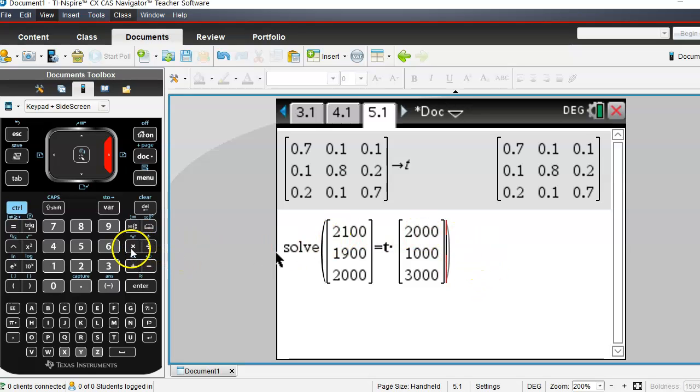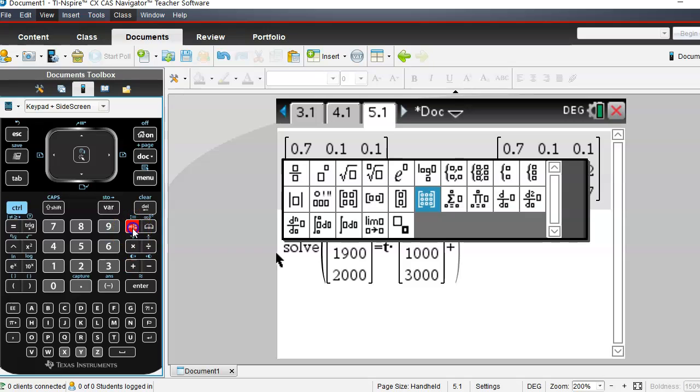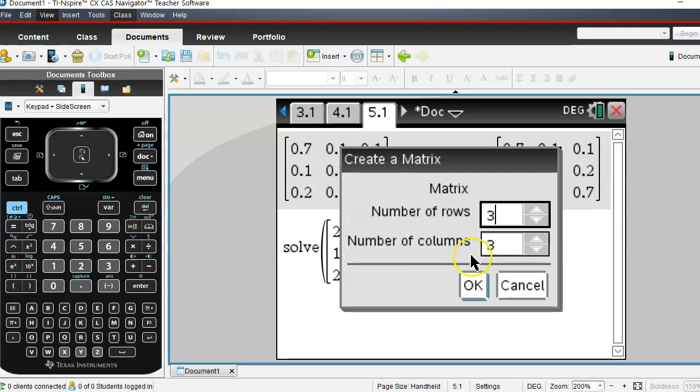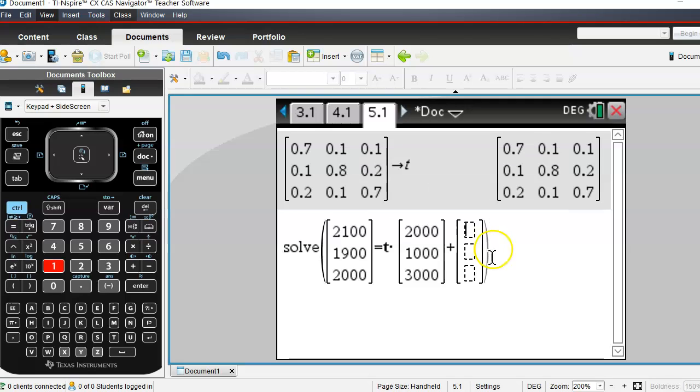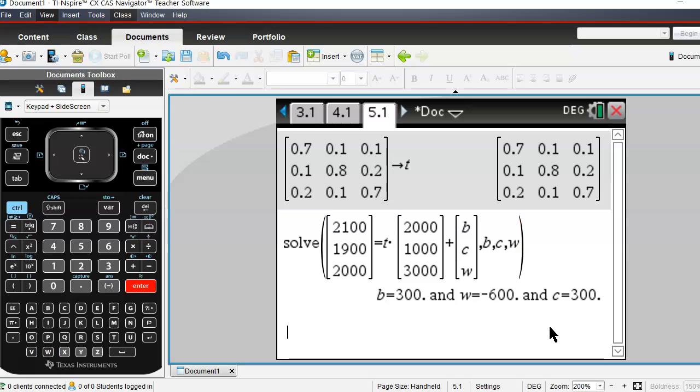Okay, plus, now we don't know any values of Q, but I'll just put in B, C, W, and that's what we're wanting to solve for: B, C, W.